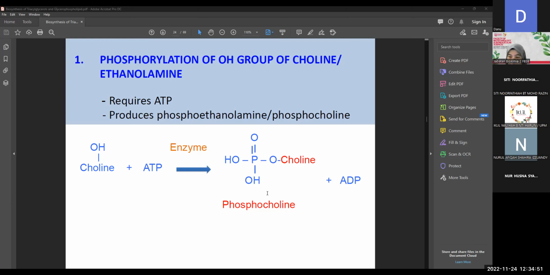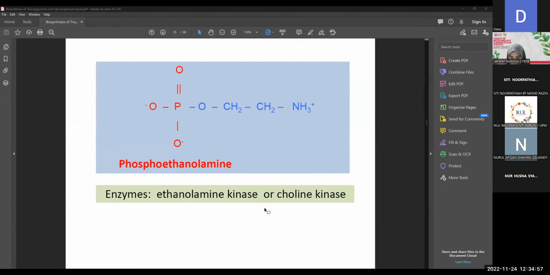Now it produces phosphocholine. If it is phosphorylation of ethanolamine, it produces phosphoethanolamine. These are the enzymes that catalyze this reaction: ethanolamine kinase or choline kinase.